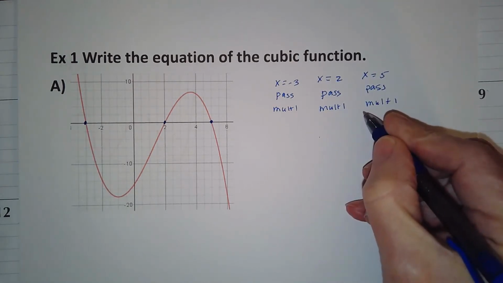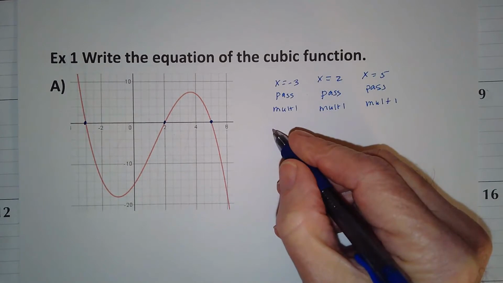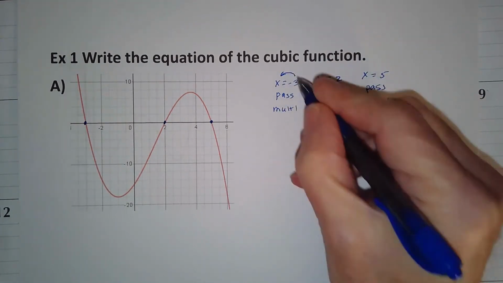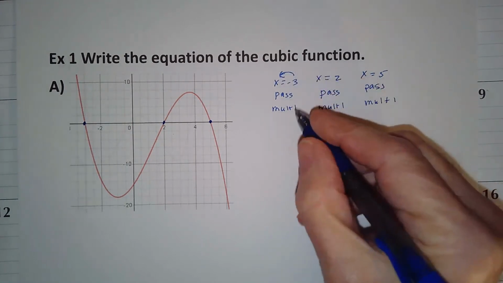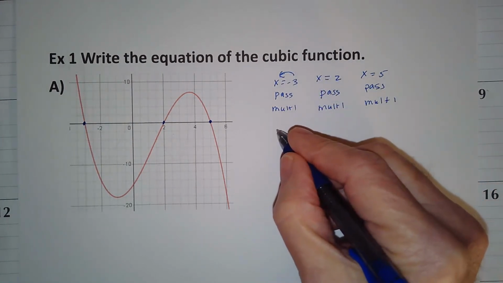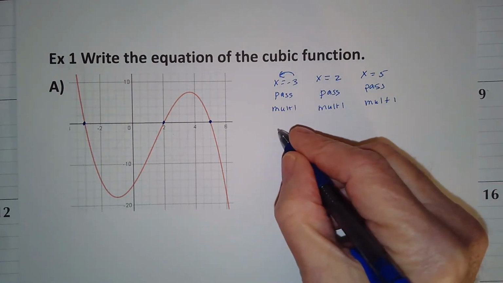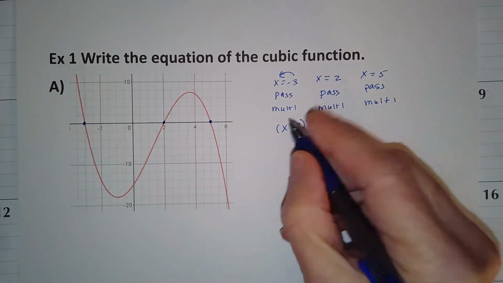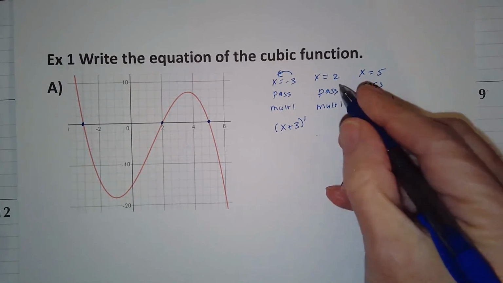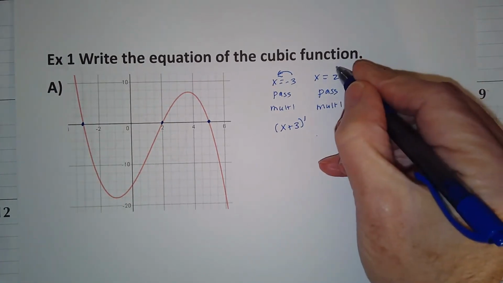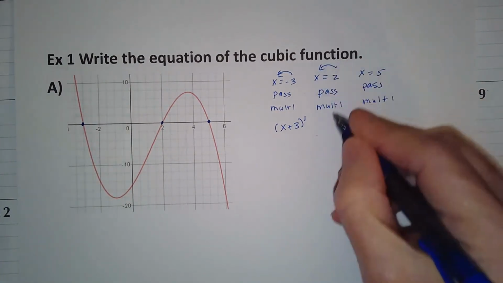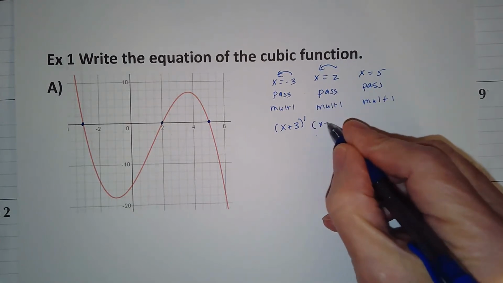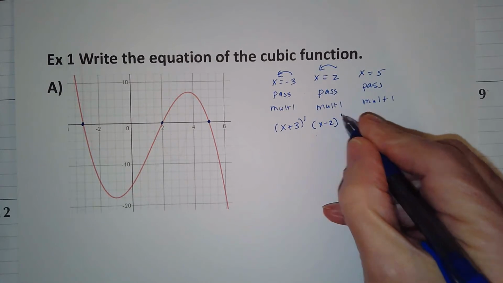All right. So let's just go ahead and set these up. We know if x is -3, then our bubble is going to be x plus 3, and it's a multiplicity of 1. And then over here, x equals 2, so we're going to have a bubble of x minus 2 with a multiplicity of 1.